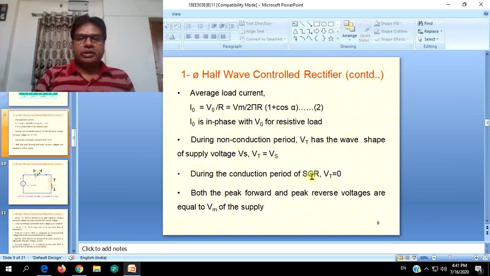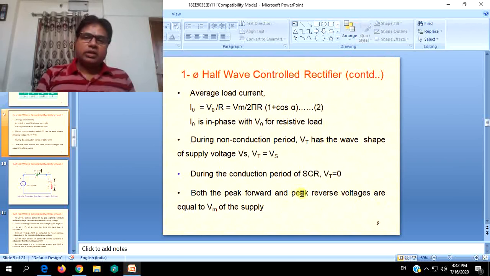During the conduction period of the SCR, Vt is 0. Then V0 will be equal to Vs. Both the peak forward and peak reverse voltages are equal to Vm of the supply.